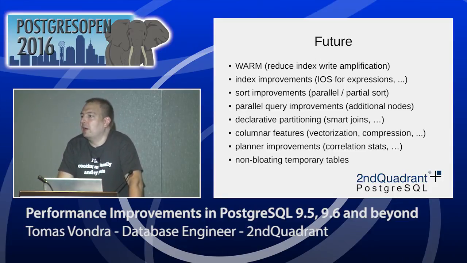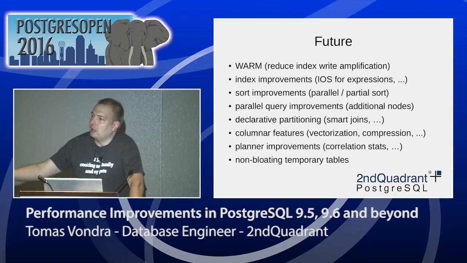So they complained about not being able to do HOT updates, about write amplification and so on due to indexes. And the problem is that if you update a column which is indexed, you need to update all indexes, right? Even if those other indexes don't really deal with the column at all, which means you need to write all the changes for all indexes into the transaction log, and that is something we call write amplification.